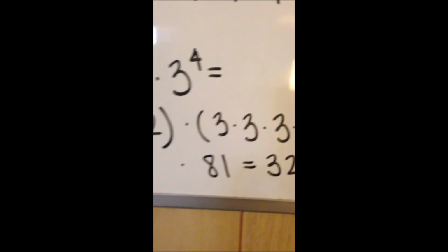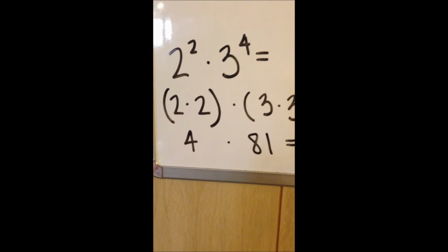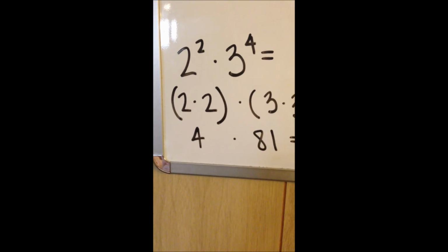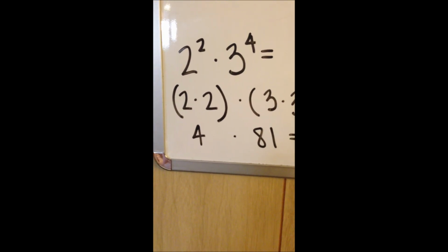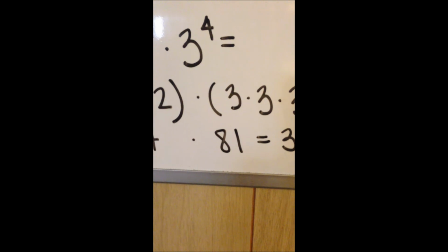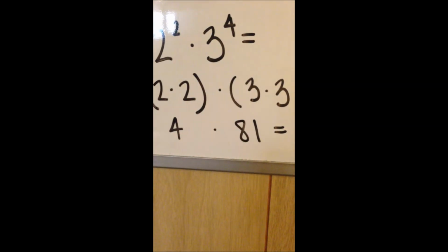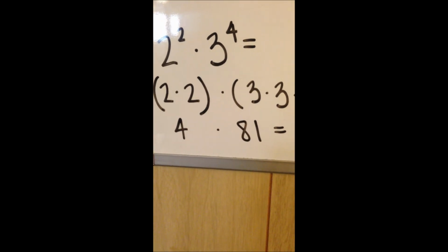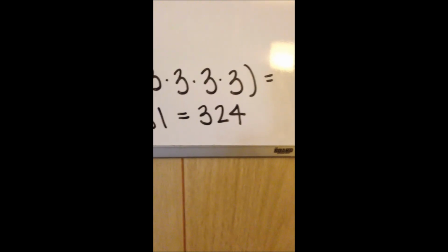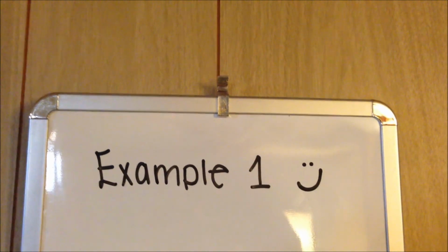After you do that, you want to actually simplify 2 times 2 and 3 times 3 times 3 times 3. 2 times 2 is simply 4, 3 times 3 is 9, 9 times 3 is 27, and then 27 times 3 is 81. And then finally, you're going to multiply 4 times 81 together, and you get your final result, 324.